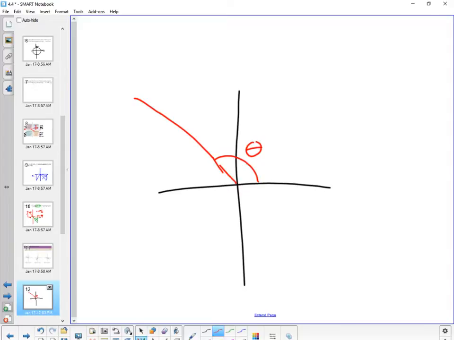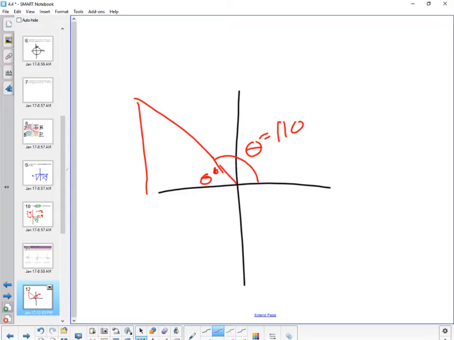I'm going to use the reference angle that's in here. They'll call it theta prime. Baby theta. Theta prime, okay? Does that make sense? So, let's say theta turned out to be, I don't know, 110 degrees. What would the reference angle be on that?